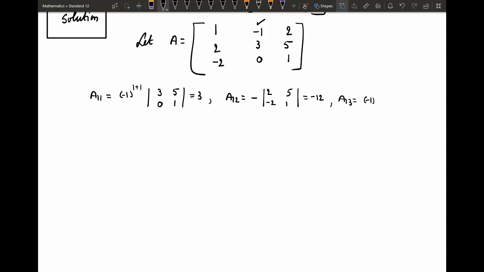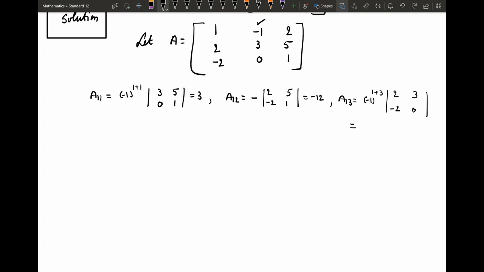A13, so minus 1 raised to 1 plus 3, and the 2 by 2 determinant, 2 3 minus 2 0, so on simplification it will be minus 6.